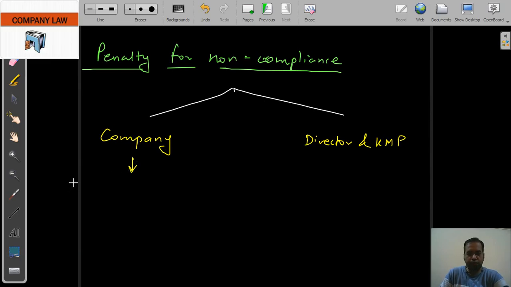There should be a fine of rupees 5 lakhs.